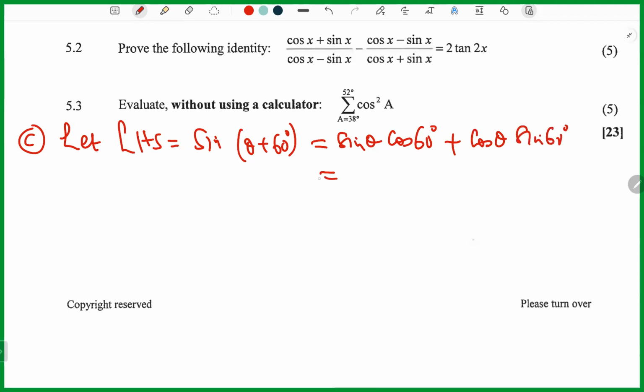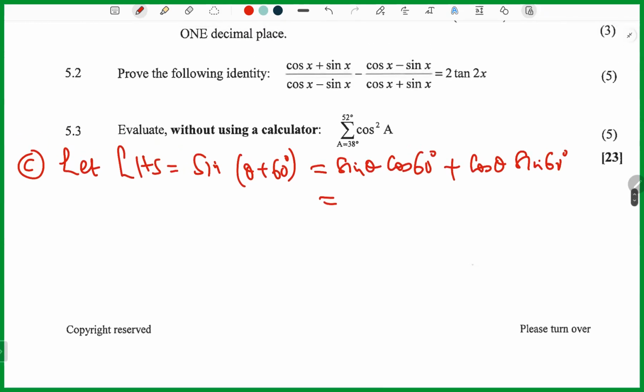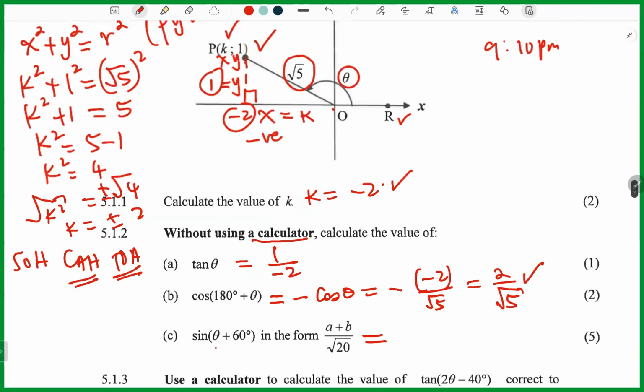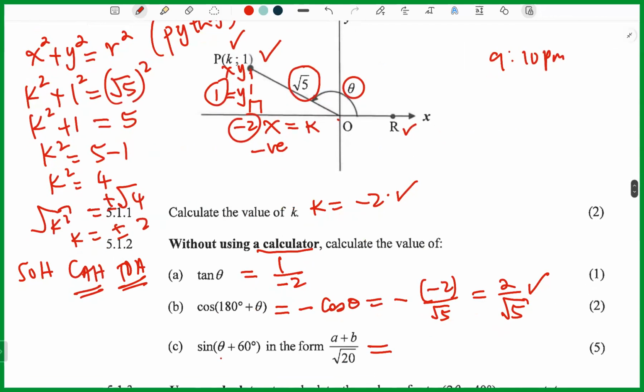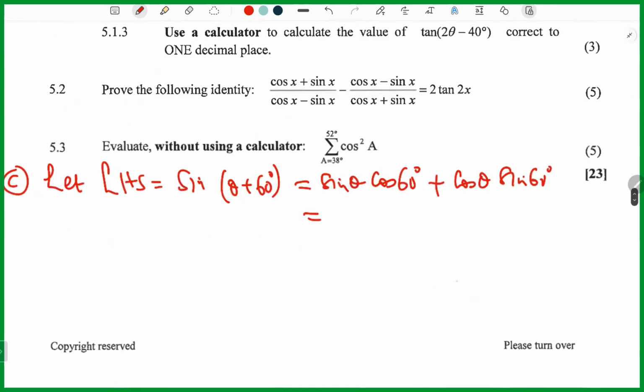And then what is sine theta? We go to the diagram and take it from there. Theta is this angle, so the sine of theta would be the opposite over the hypotenuse, which is 1 over the square root of 5.